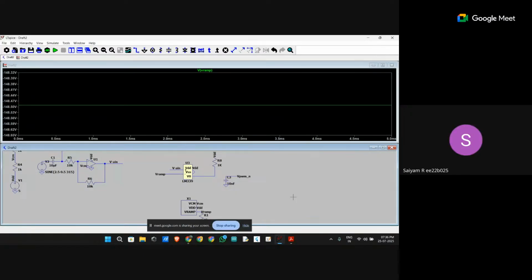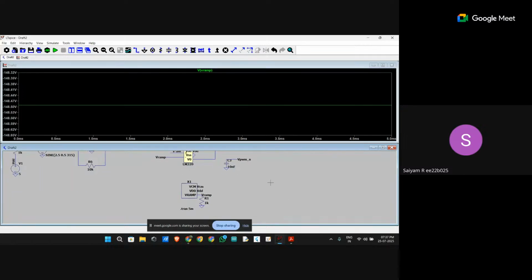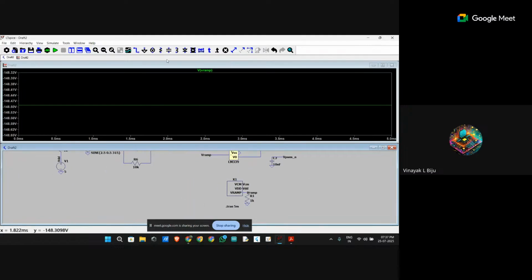Why is there a resistor after the VRAMP? Yeah, a 1 kilo ohm resistor. I connected it from the first experiment, I guess, like a load resistor.